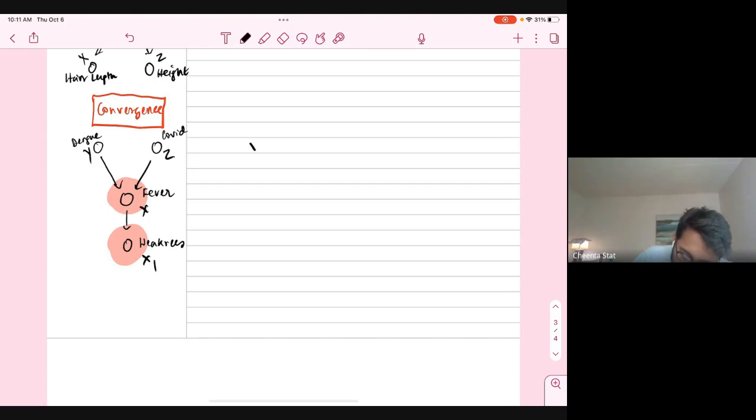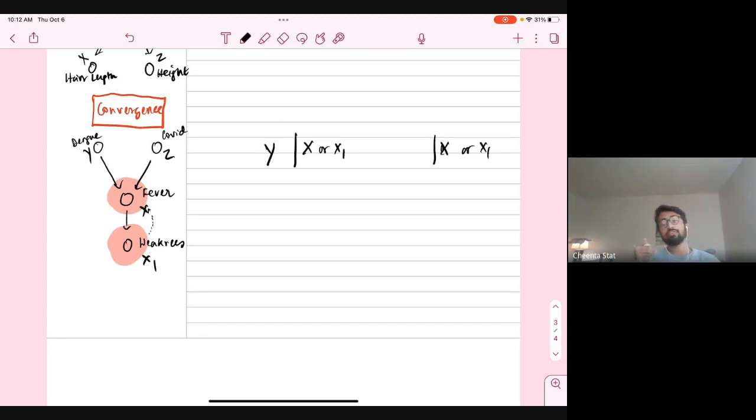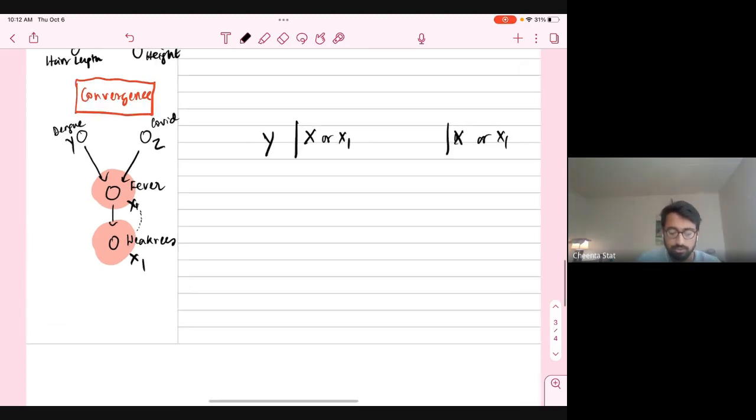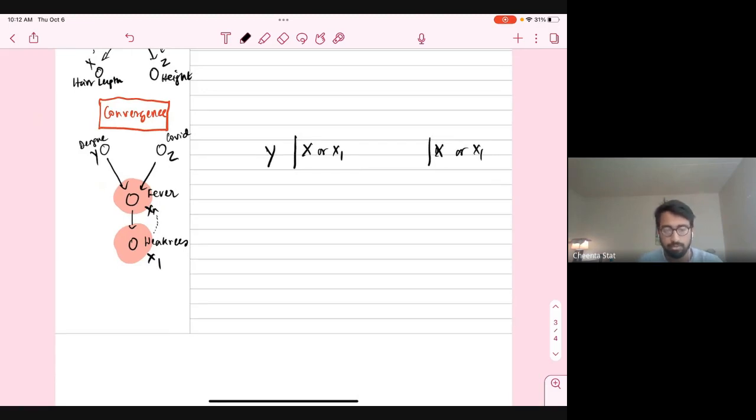If you know x or x1, given you know this, the information of y, that fever has already happened or weakness has happened, gives a slight information that fever may have happened. The probability of fever increases. If the probability of fever increases, then probably either dengue or COVID happens.